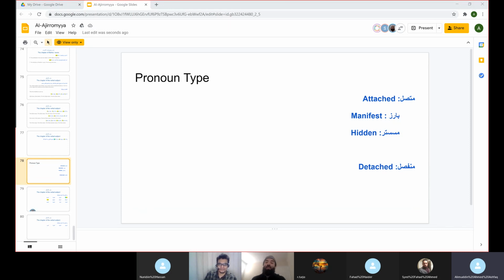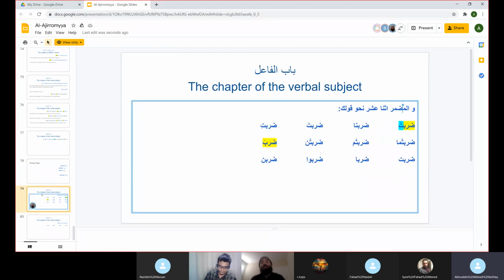Okay, so let's go back to slide 79. Let's go through the verb conjugations. The reason we are mentioning all the verbs is that to be able to see the attached pronouns, we need to see the verb. You cannot say a pronoun is attached and then not have anything that it is attached to, right?